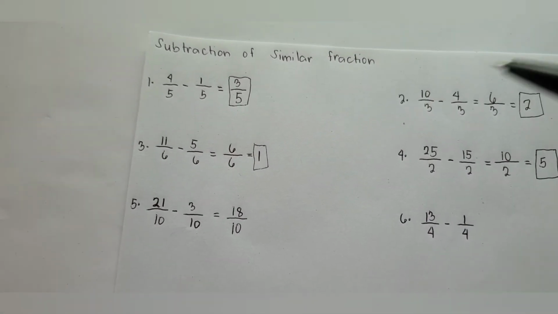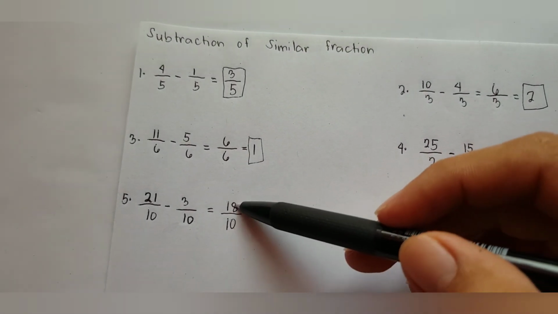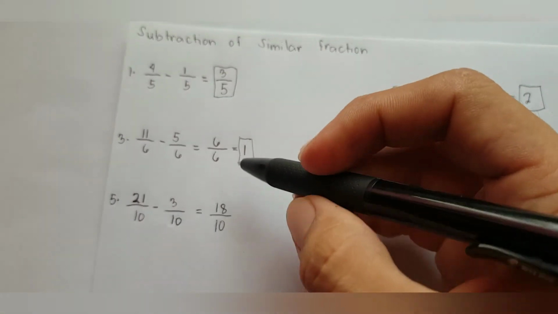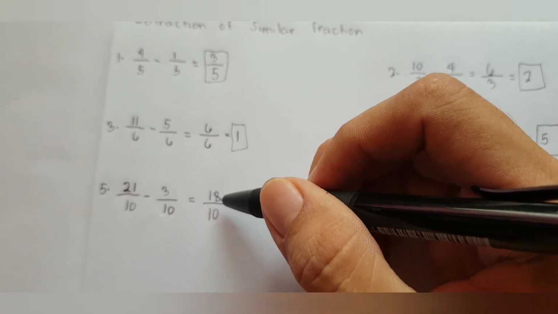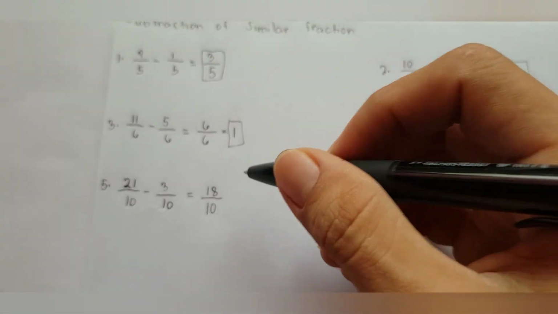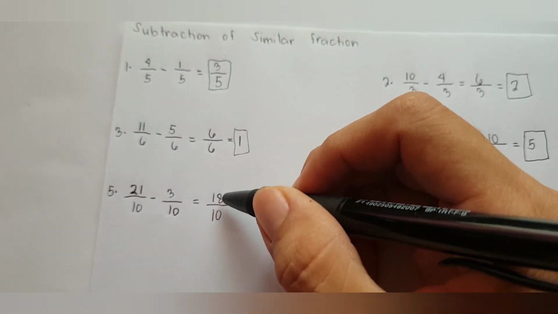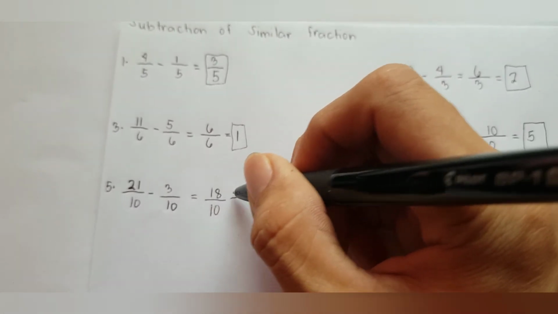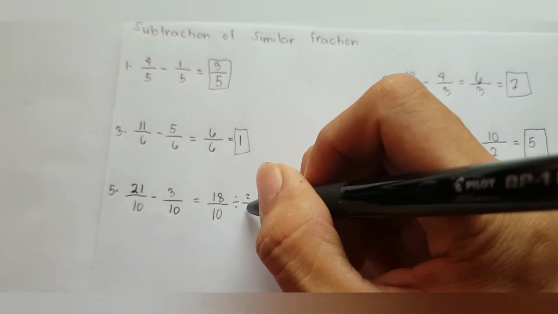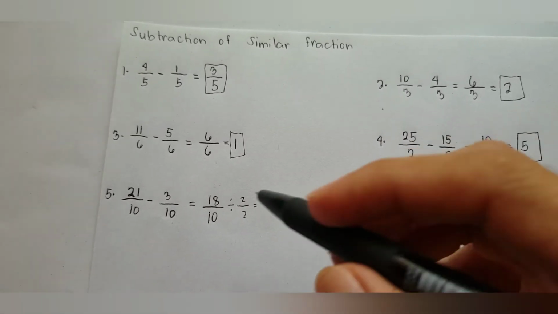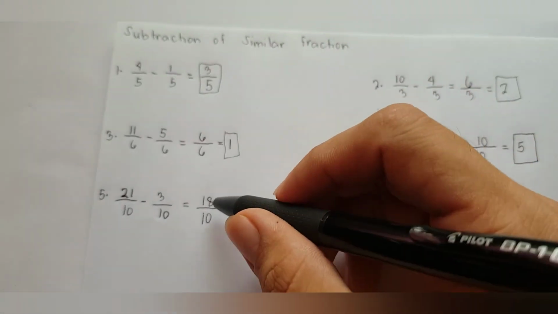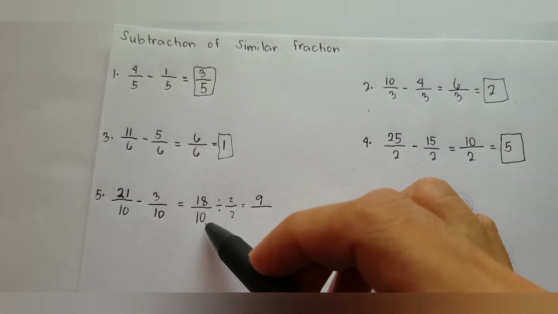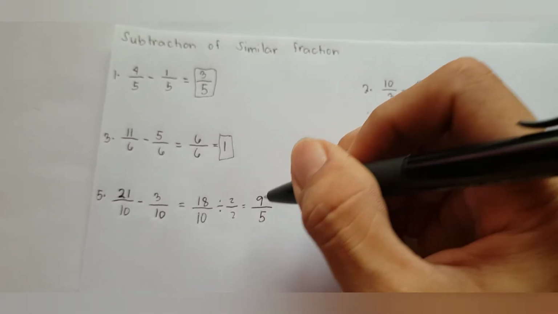We notice that 18 over 10 can be simplified further to lowest term by dividing both numerator and denominator by 2. 18 divided by 2 is 9, and 10 divided by 2 is 5.